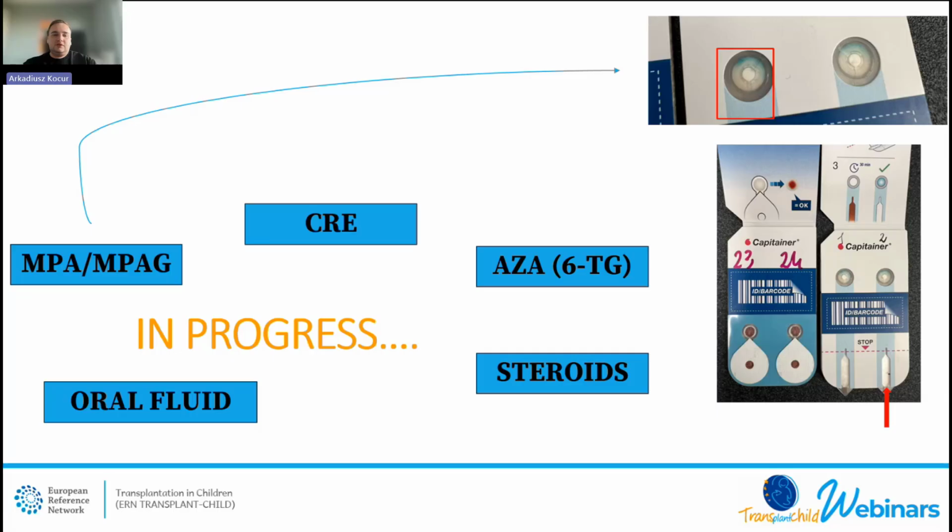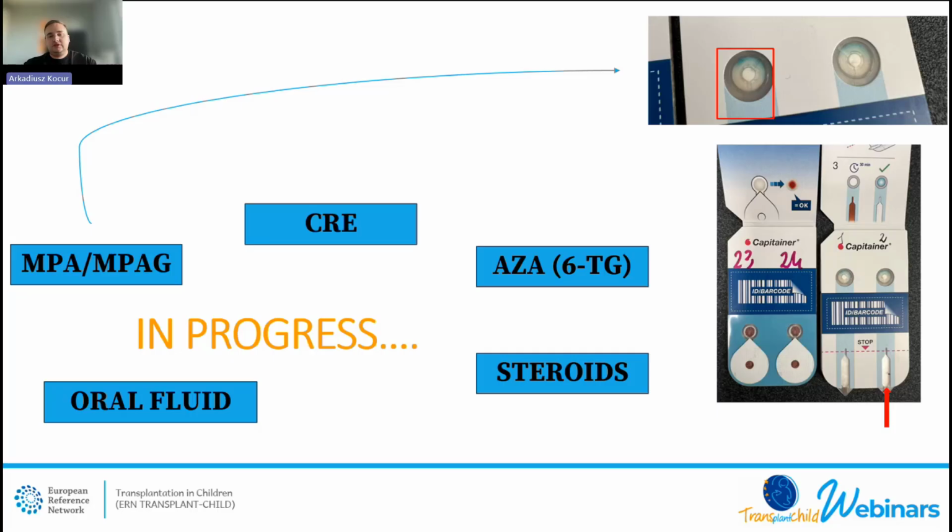Creatinine is concomitantly measured with immunosuppressants in the same run, and currently we are preparing the manuscript on creatinine. In the near future, we will start the determination of azathioprine in clinical samples. It's not measured directly. The azathioprine is measured using 6-thioguanine, and we finished the measuring of steroids.